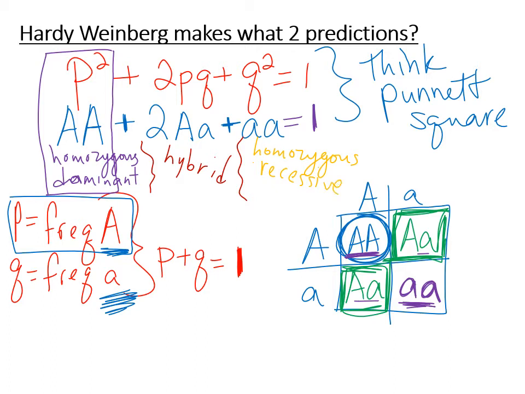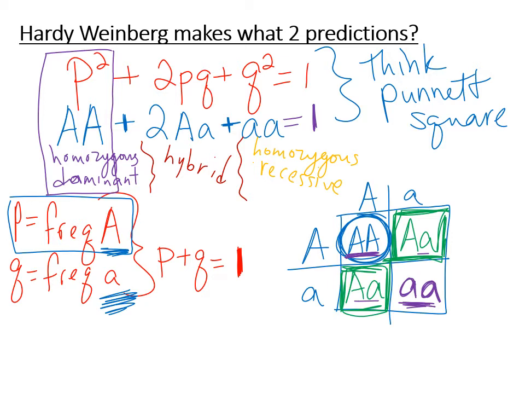Okay, so don't get confused when you see these letters and different values. Just keep in mind that ultimately all of your possible genotypes for that cross should result in 1, because they're representing 100% of the possible genotypes. And P plus Q should equal 1 because there are only 2 possible alleles.